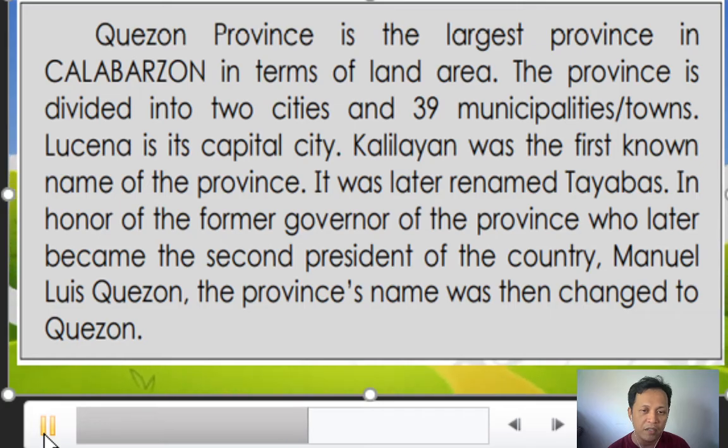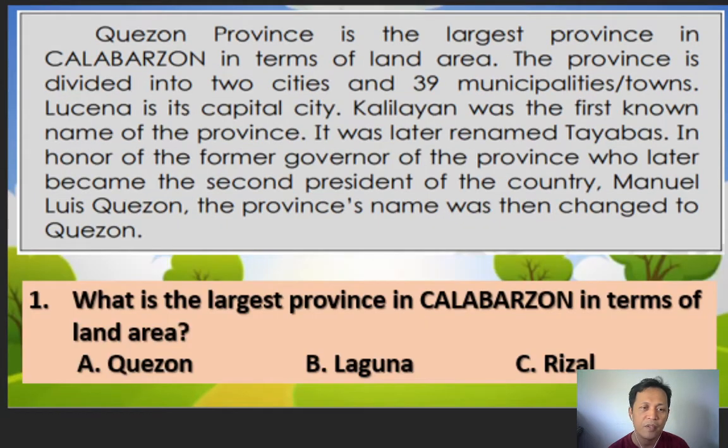It was later renamed Tayabas in honor of the former governor of the province, who later became the second president of the country, Manuel Luis Quezon. The province name was then changed to Quezon. Now let us try to answer the questions.